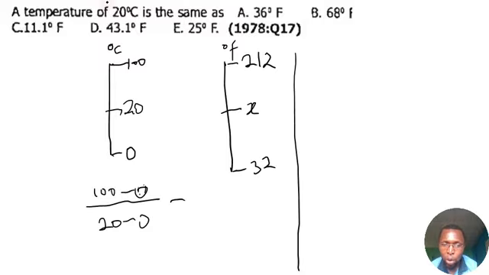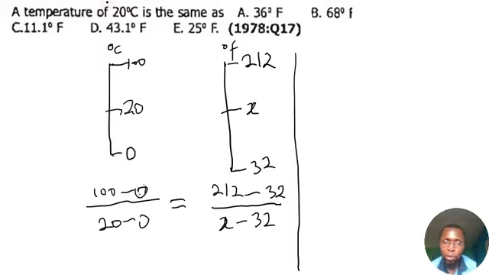Then equate it with the same process here. Subtract 32 from 212, that's 212 minus 32, all over subtract 32 from x, that will be x minus 32. That's what we are looking for. The rest is just mathematics.